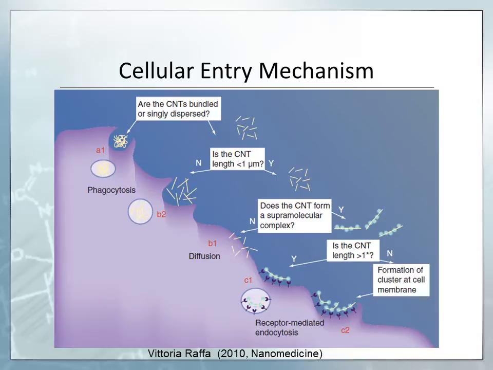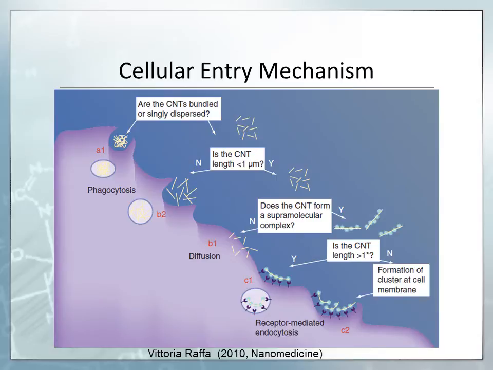Later on, researchers tried different methods to modify CNTs and found various mechanisms. First, if the CNTs are bundled together, they tend to get into the cells by phagocytosis, which is exhibited by a limited type of cells. Also, if the CNTs are longer than 1 micron, even if singly dispersed, they will tend to get into the cells by phagocytosis.